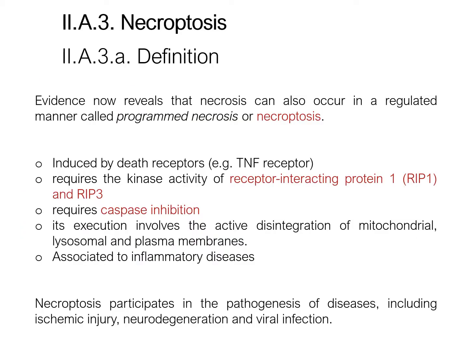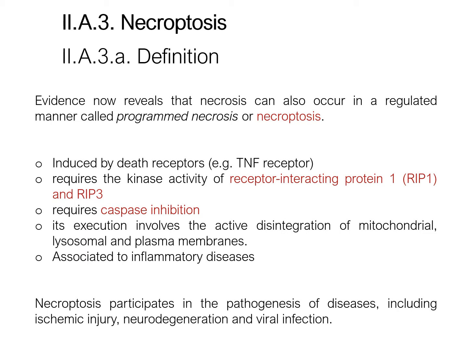So, necroptosis is a little complex cell death pathway because it's kind of like a combination of necrosis, but it's a programmed necrosis pathway that includes different activated cascades that make it very different from necrosis.